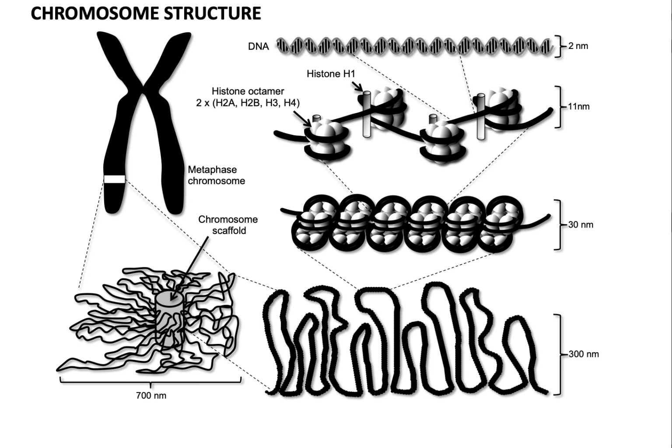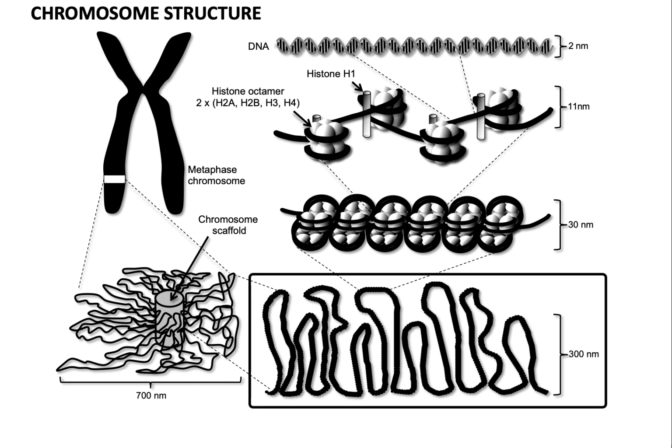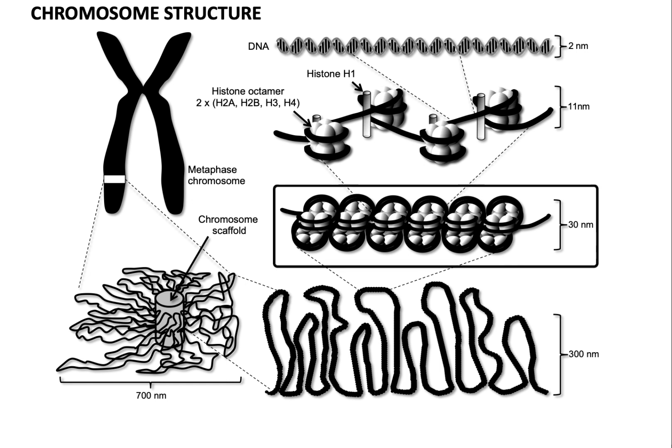So here's a little bit about the chromosome structure. If you look at a chromosome and you cut across it in one place, it would look like this with all these loops of DNA coming out. And the loops are about 300 nanometers in length, and they look like this coming out from the chromosome. And then if you take each one of those little strands there and look at that, it's actually DNA bundled up with histones into a 30 nanometer strand.